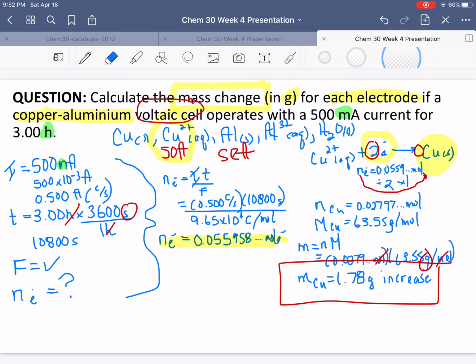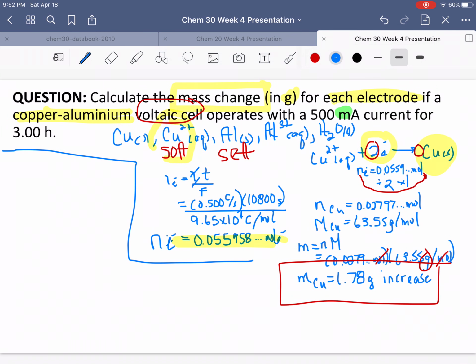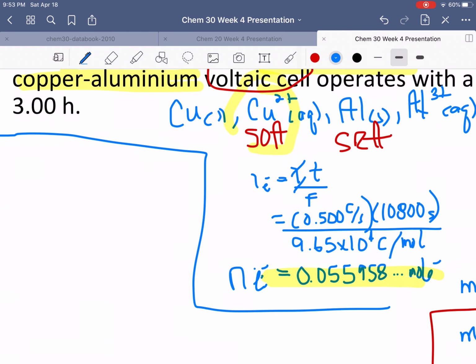I'm going to erase over here so that I've got room to start to do our half reaction for the aluminum. All right, so moving into this space, the aluminum is going to be at the anode, and we're taking a situation here where aluminum solid is losing electrons to become aluminum 3+ ion.